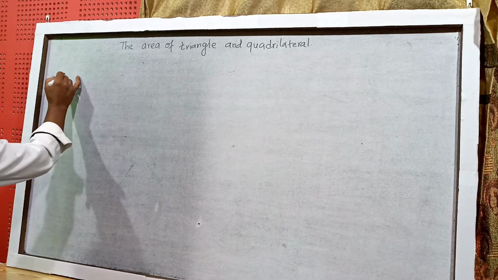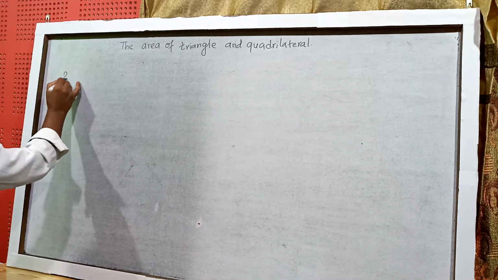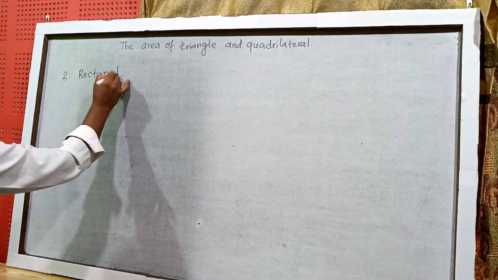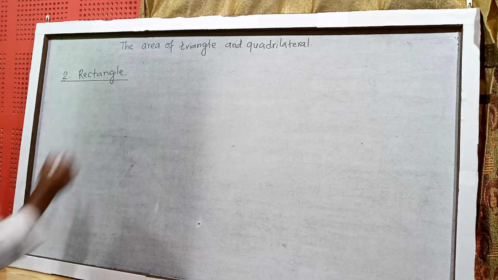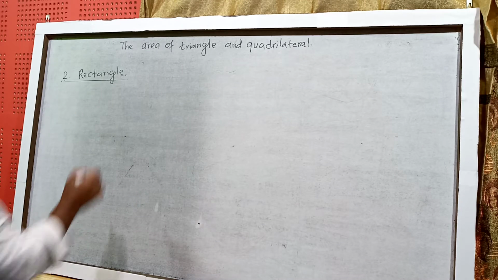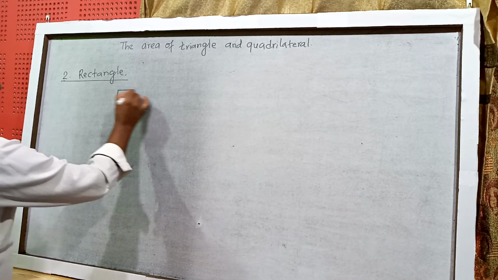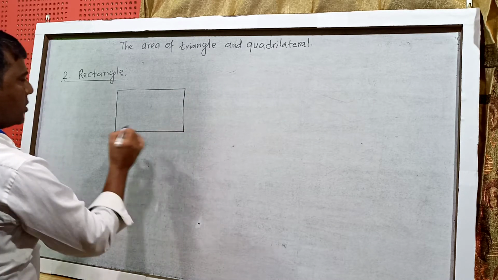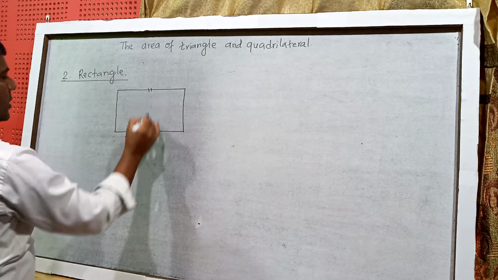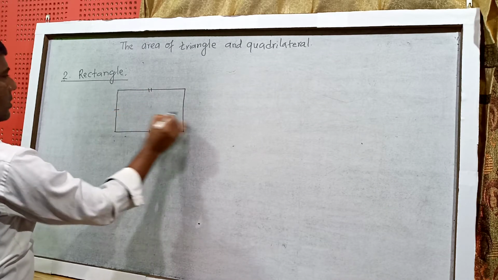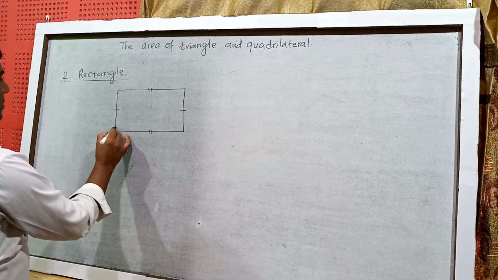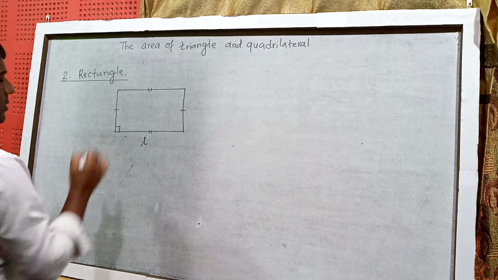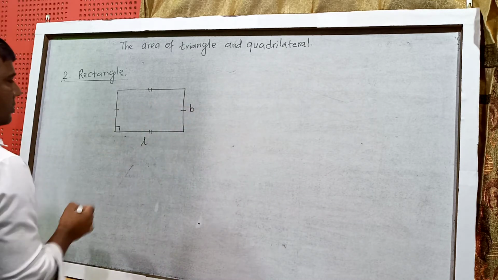Rectangle. We are familiar with rectangle. This is a rectangle. We know the opposite sides of a rectangle are equal, and at least one of its angles is a right angle. It is the length and it is the breadth.